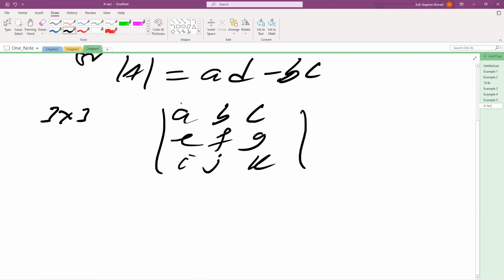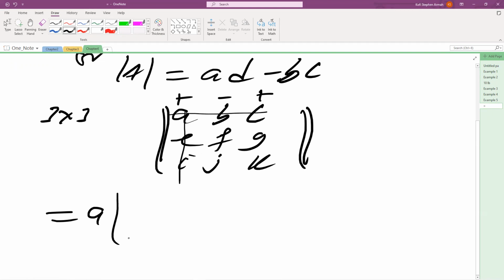You can evaluate along the rows or along the columns, but by default let's do the first row. There's a sign pattern here: plus, minus, plus. You write A here, and then you cover its row and column. What is left is F, G, J, and K.